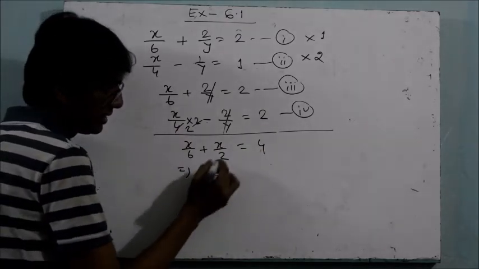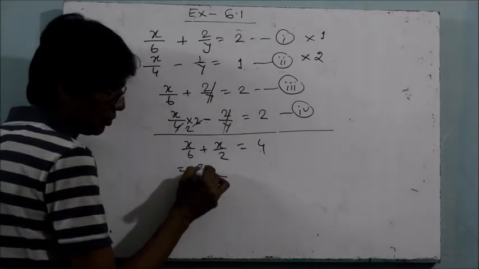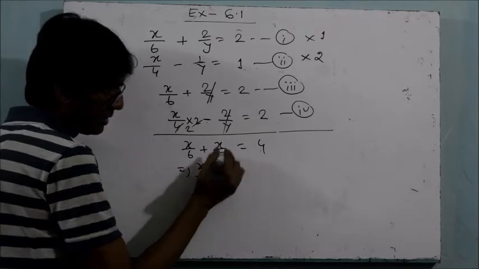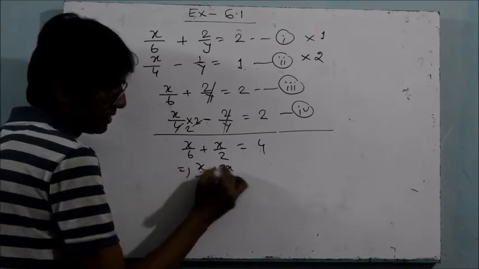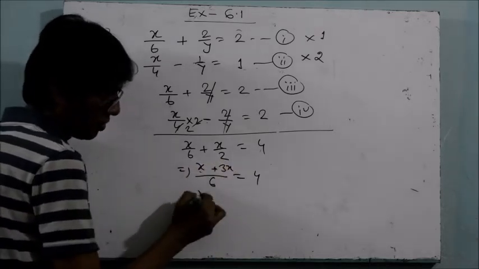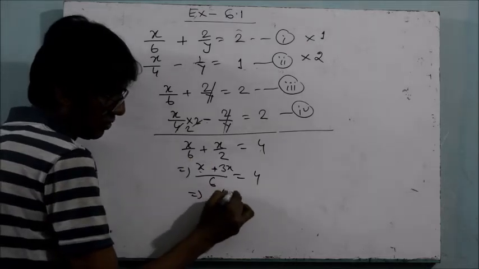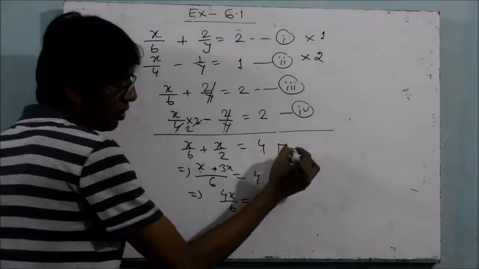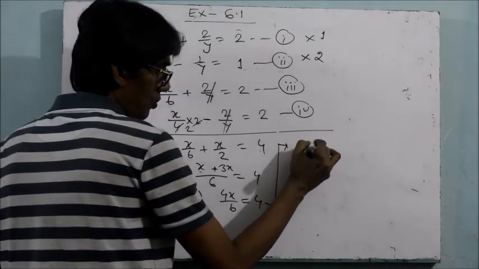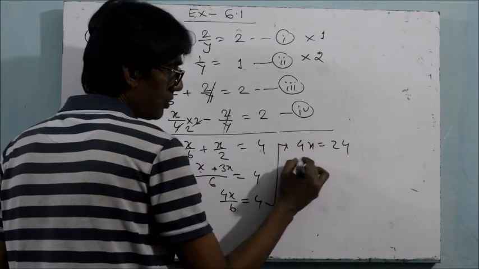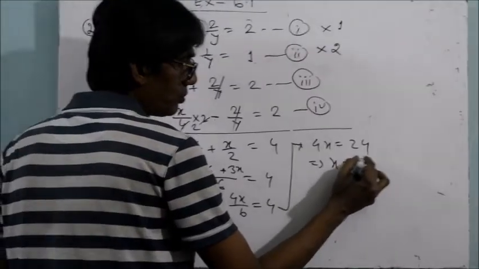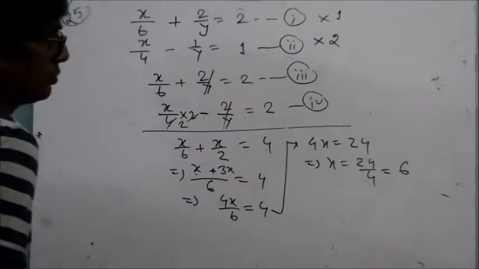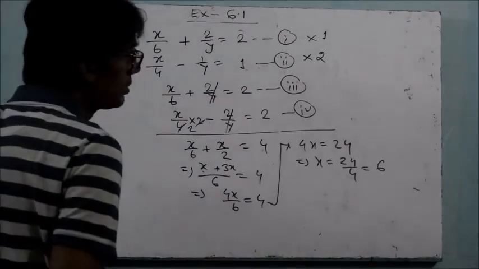Now the LCM of 6 and 2 is 6, so x plus 3x equals 4, or 4x by 6 equals 4, or 4x equals 24, therefore x equals 24 by 4 equals 6. So we get the value x equals 6.